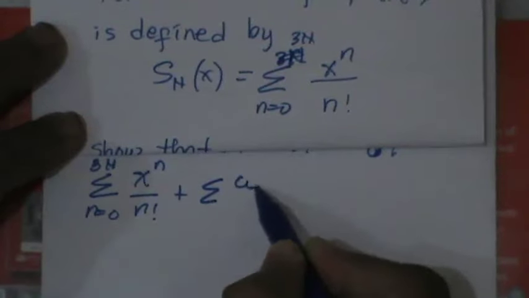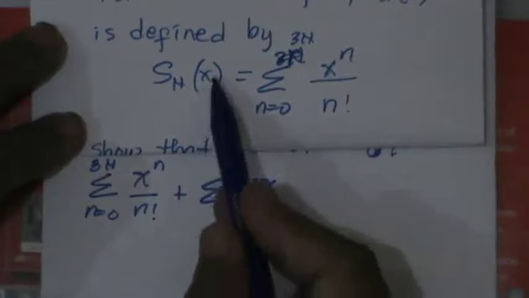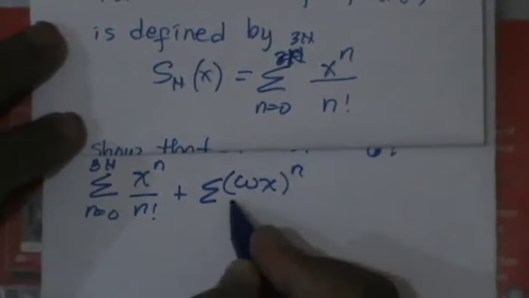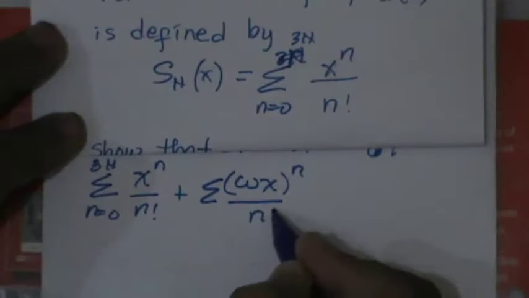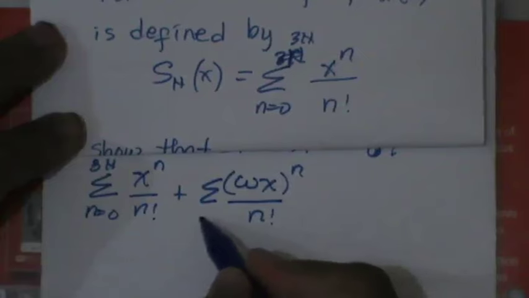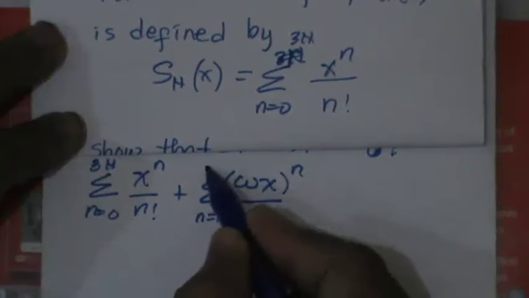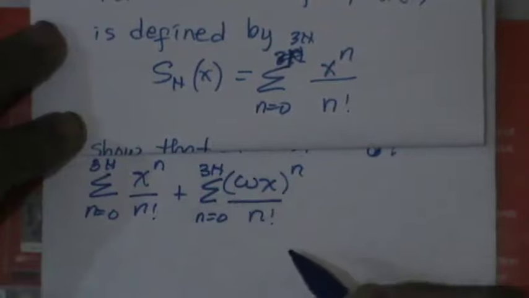The definition says that s sub n of omega x is the sum of omega x, because this is now omega x, so this is omega x to the n, all over n factorial, from n equals 0 up to 3n.